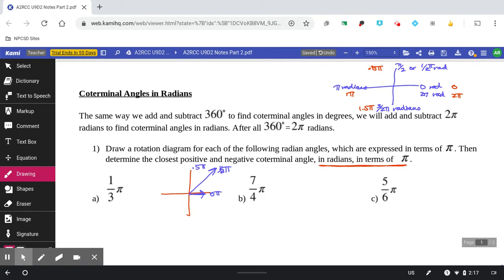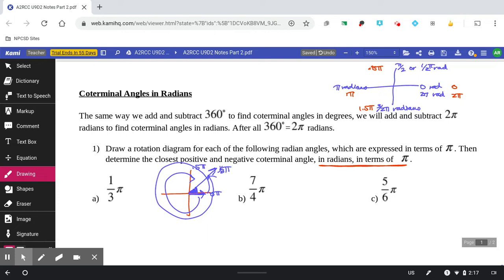And we want a coterminal angle going in this direction, and then one also that's negative, and then also one that goes all the way around and wraps around and adds to it. So again, we're going to be subtracting and adding 2 pi. This is our rotational diagram here. This is our angle, which is 1/3 pi. Now, if you're not sure of what quadrant that would go into, you would just have to convert 1/3 to 0.333. 0.333 is in between 0 and 0.5, so it would be in the first quadrant.